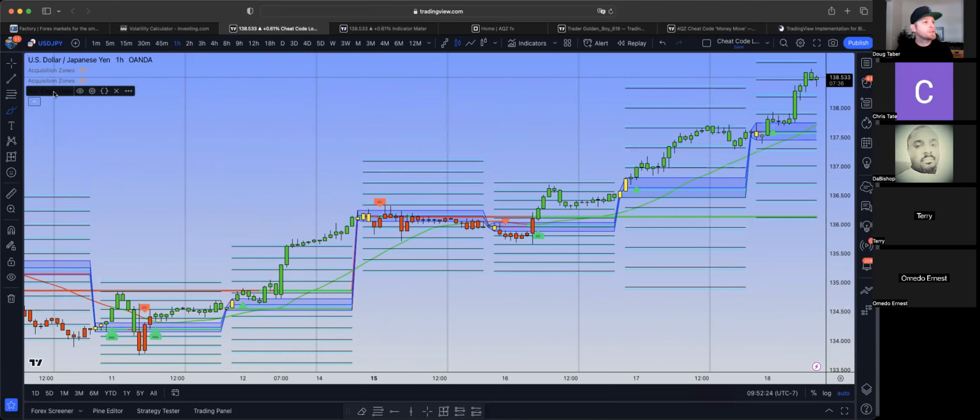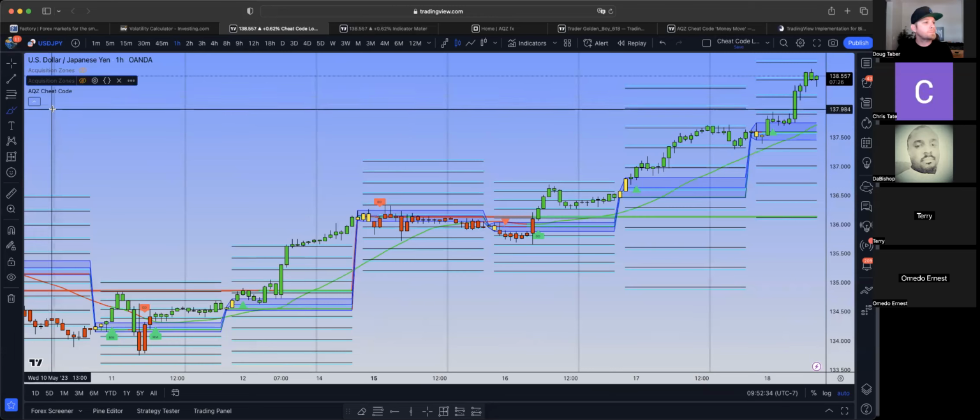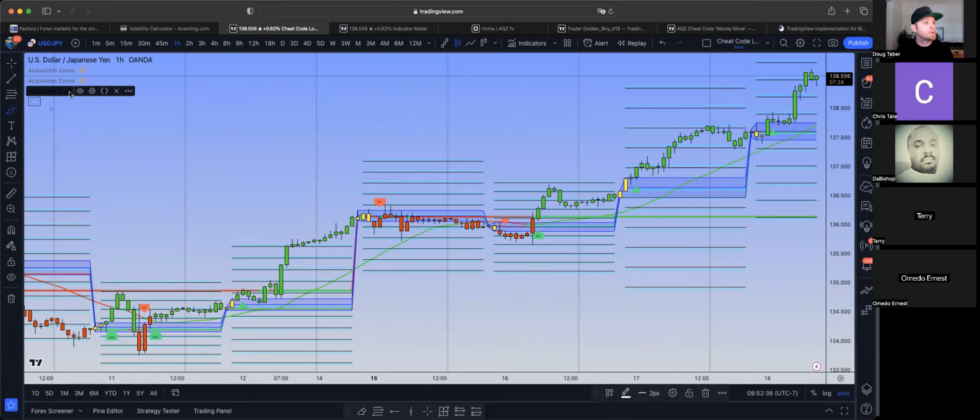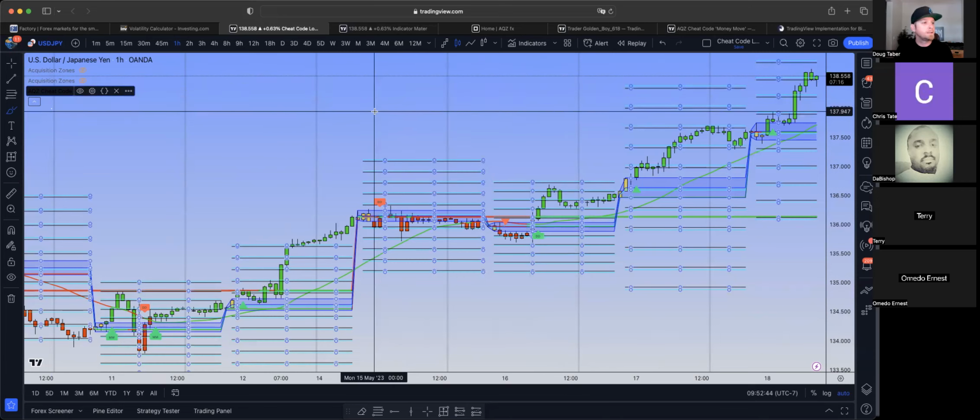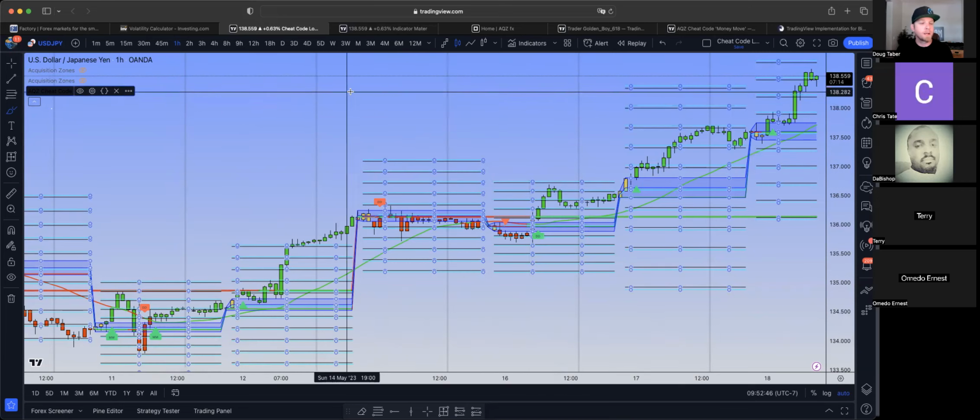But simply go to the left column. If you don't see your indicators listed here, click this little arrow or your indicator legend and highlight AQZ cheat code and go to these 3 dots for more. If it doesn't click, TradingView does this sometimes to me.